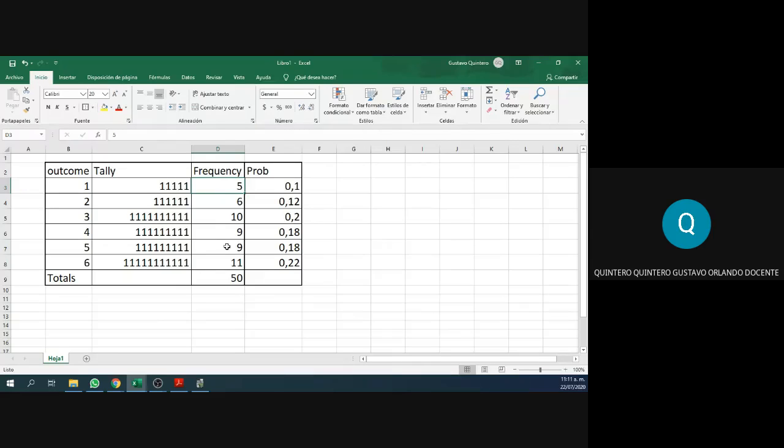So my probability will be 5 over 50. There it is, 0.1. For the second one, getting a 2, in my experiment I got the 2 six times. So I got 6 successes, and 6 over 50 will be the probability. And so on. All right, Karen?